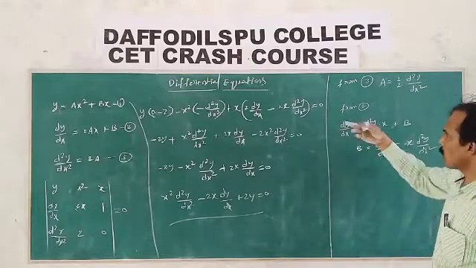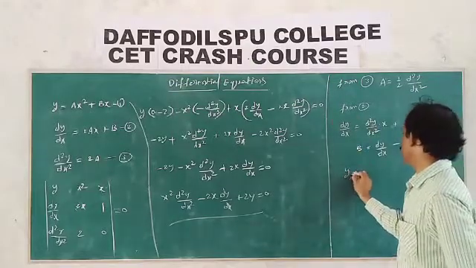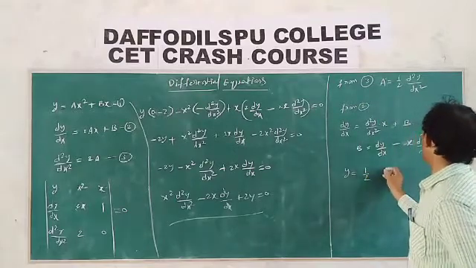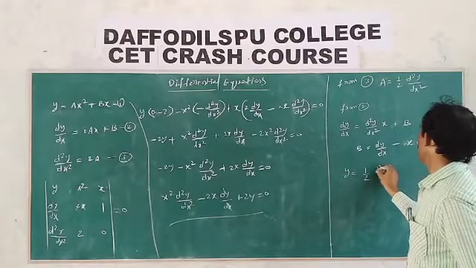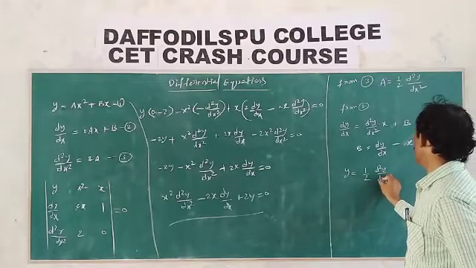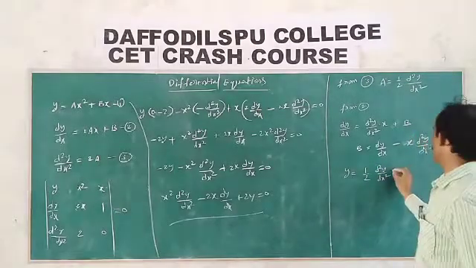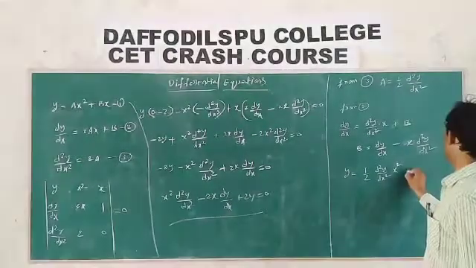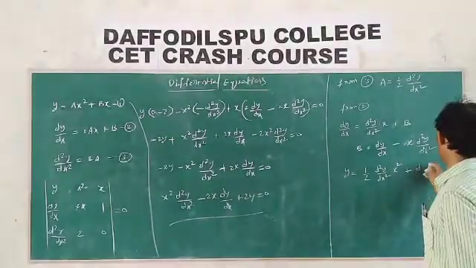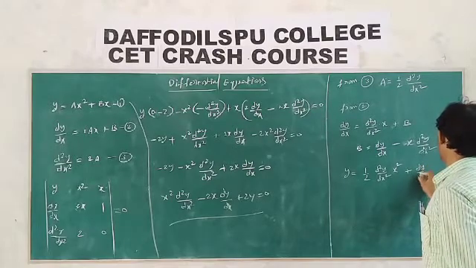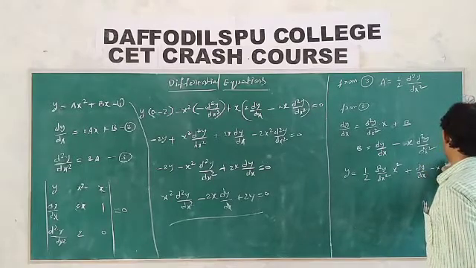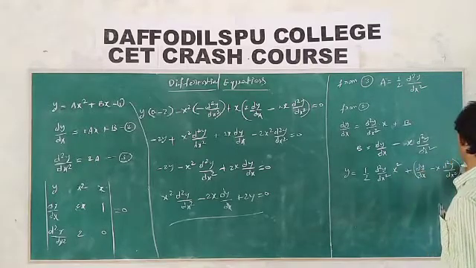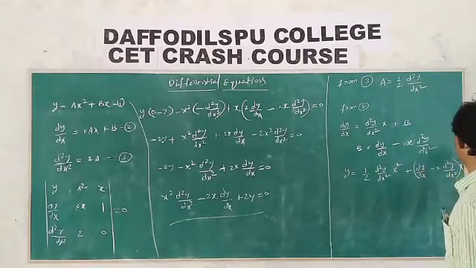Then y is equal to the a value, 1 by 2 of d square y by dx square into x square, plus dy by dx minus d square y by dx square into x.